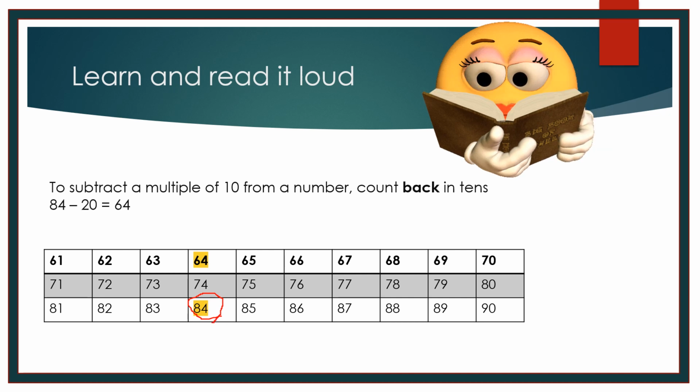From 84, we have to count back how many tens? 2 tens. We will go back from 84 to 74 and then from 74 to 64. We are counting back 2 tens and the answer is 64.